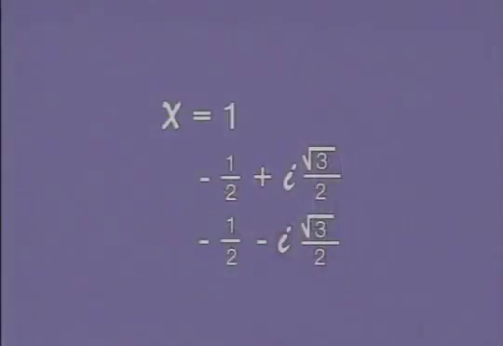if you have the equation we had before, x cubed minus 1 equals 0, or x is the cube root of 1, there are 3 solutions. One of those solutions is 1, the number you already knew. Then negative a half plus i, the square root of 3 over 2, a complex number that you know, because I did it and hopefully you did it too, when you cube that complex number you get 1.